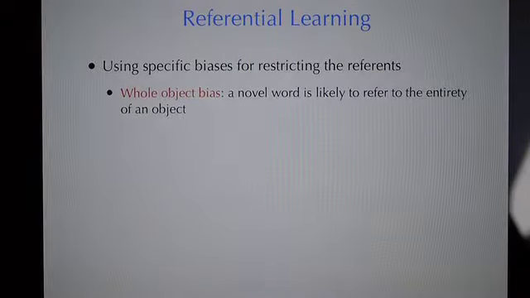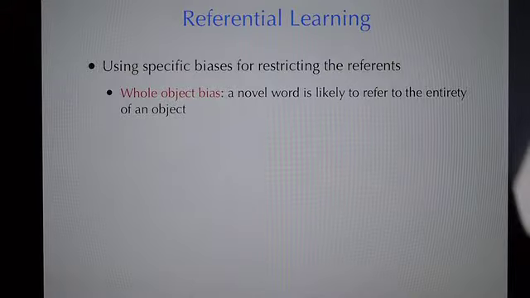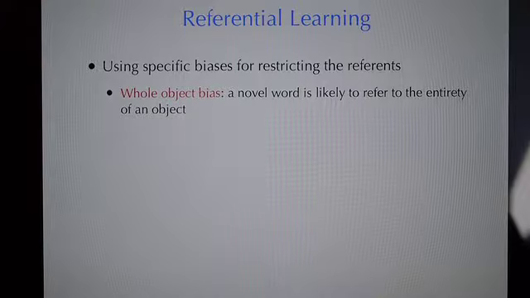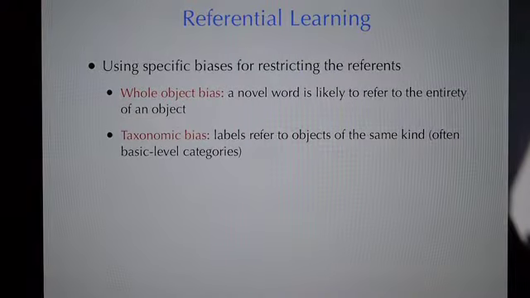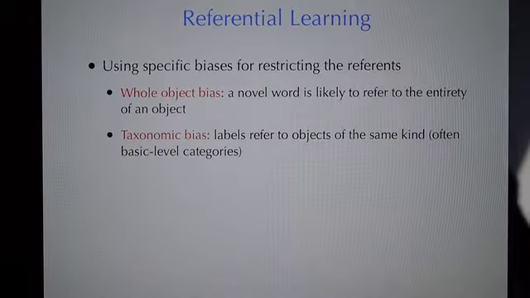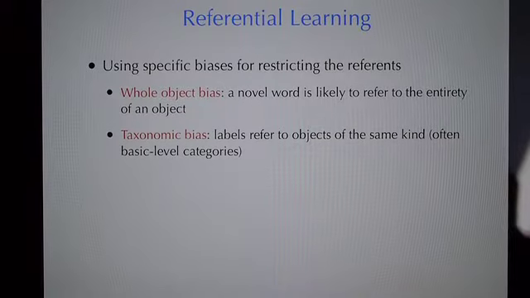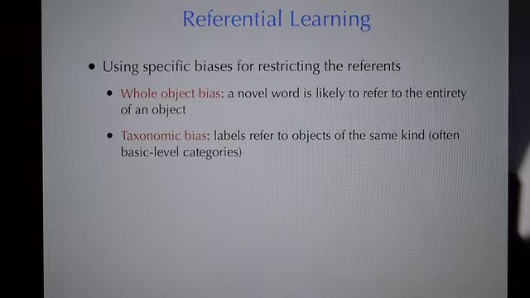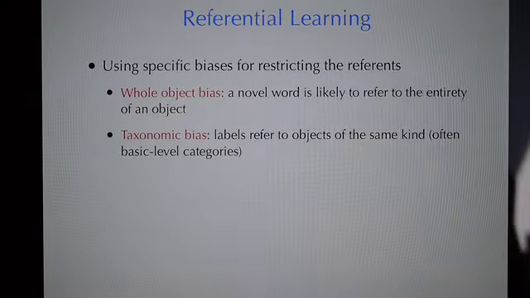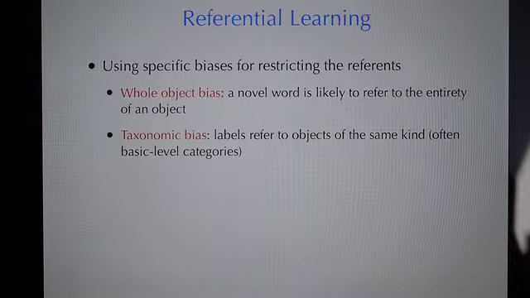So this could be very elaborate biases such as the whole object bias, as in novel words are usually used to refer to the whole object and not to parts of it. Taxonomic bias: labels usually refer to objects that are at a basic level of a taxonomy. That means that they are more likely to refer to a dog than to talk about an animal or a German Shepherd.